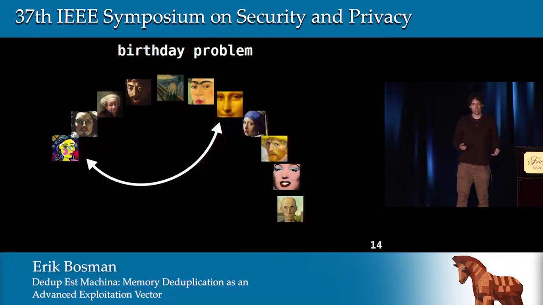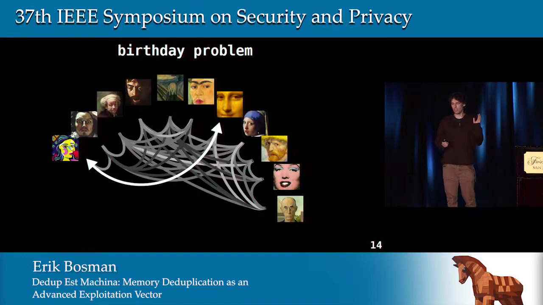And the underlying intuition about this is that you're not doing one comparison of someone's birthday with someone else's birthday, but you're doing all comparisons at the same time. And if you think of it, memory deduplication does this as well. So we abuse this functionality.